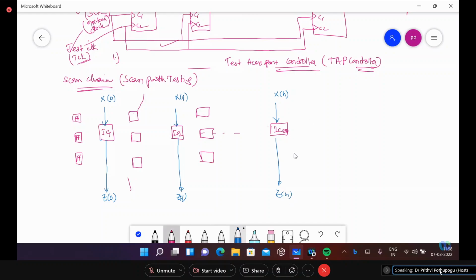These are all flip-flops I'm taking. These work like the in and out operation of shift registers.